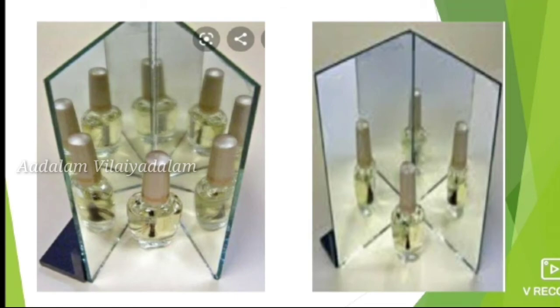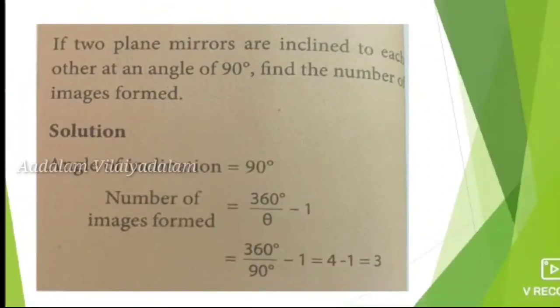The number of images formed by plane mirrors is calculated by the formula 360 degrees divided by theta, minus 1, where theta represents the angle between the two plane mirrors. If theta is 90 degrees, how many images will we get? It is calculated by a simple calculation. The angle of inclination is 90 degrees, and the number of images formed is 360 degrees divided by theta, minus 1.